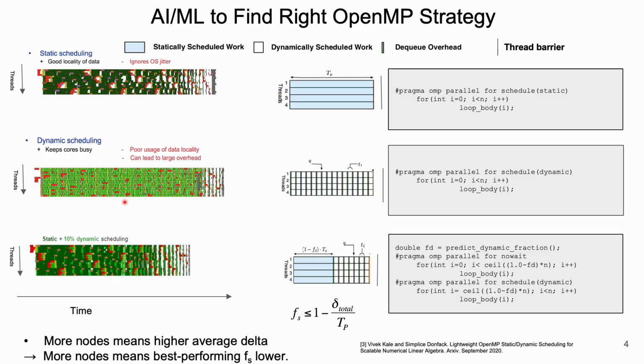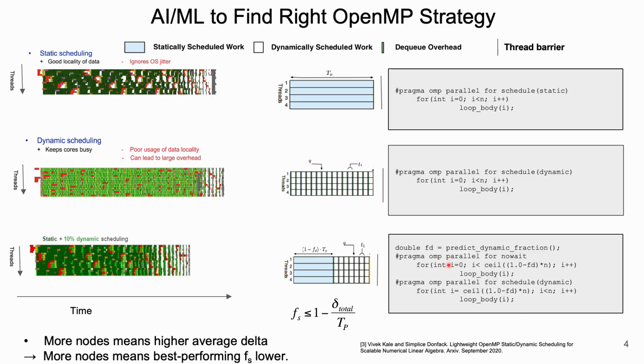A basic improvement over both the static and dynamic scheduling is to use a mixed static dynamic schedule via this new OpenMP schedule shown here. This gets the best of both and identifies the trade-off between work redistribution and the cost it incurs.